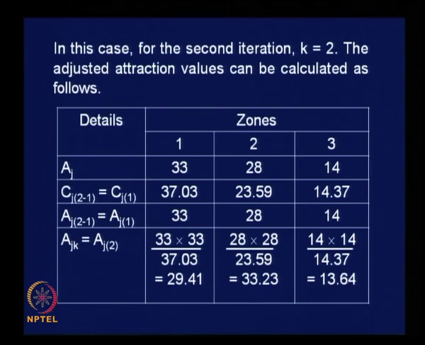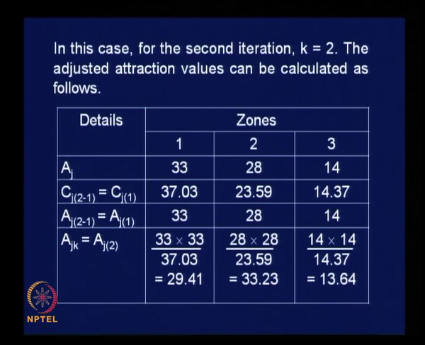And the value of attraction which was given as input for the iteration that was just completed is Aj2 minus 1, that is Aj1. In this case Aj1 happens to be Aj itself because it is the first iteration.